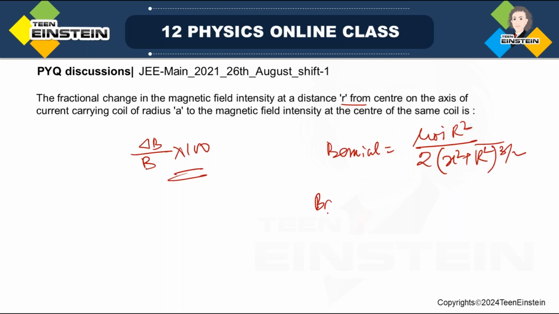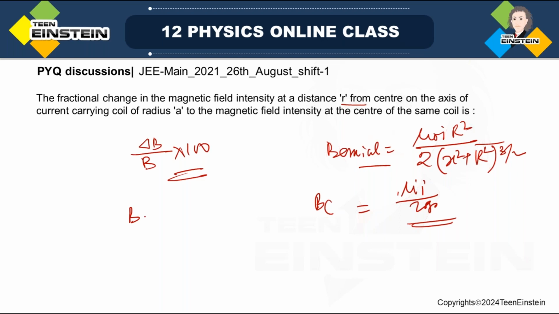And B at the center, we know, is mu 0 I by 2 r. This is at the center, this is at the axial point. We have to take the fractional change between these two.